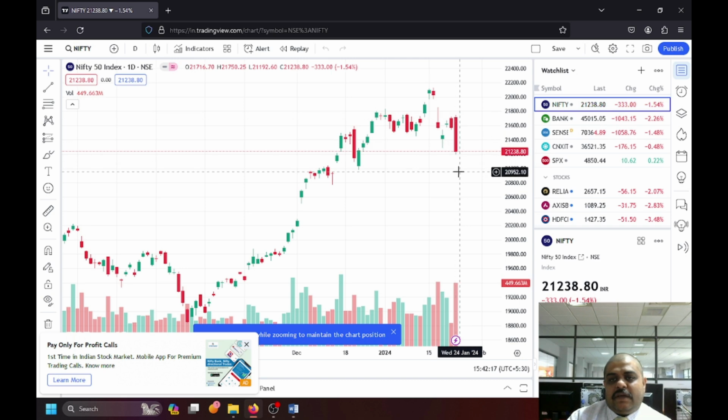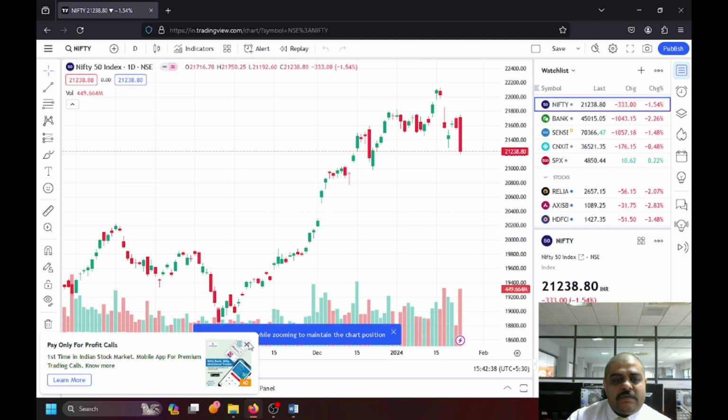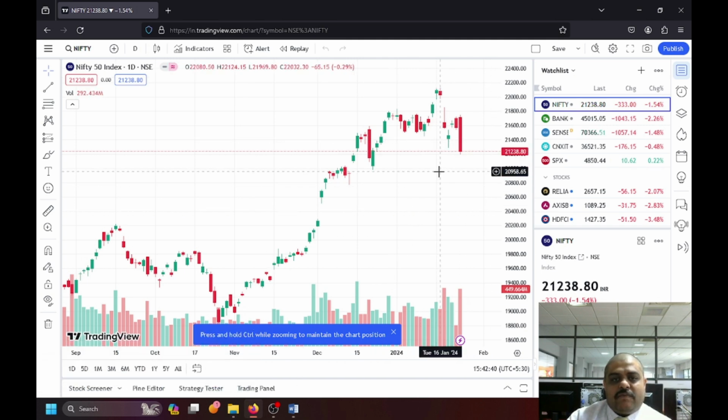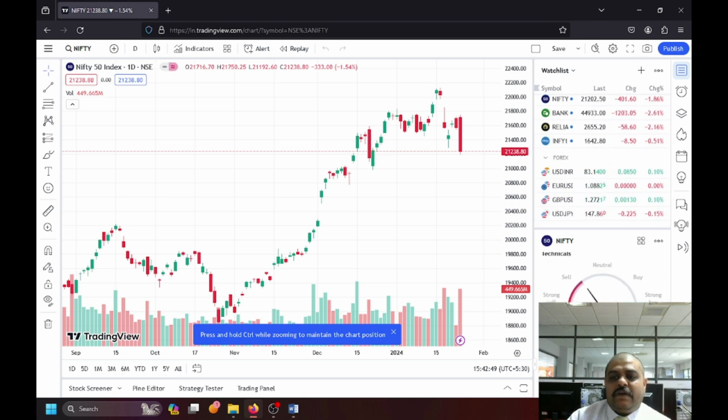There's a heavy fall from 21,750, and the lowest it has touched is 21,190, almost 600 points. It has fallen almost 300 points in a single day. Why is there this fall, and what should be my strategy if such a candlestick formation happens? There are some technicalities that we are going to study.